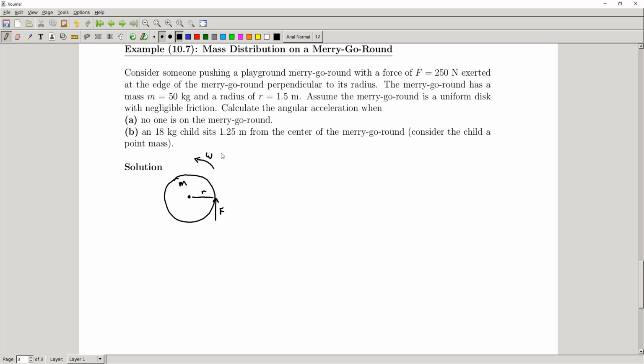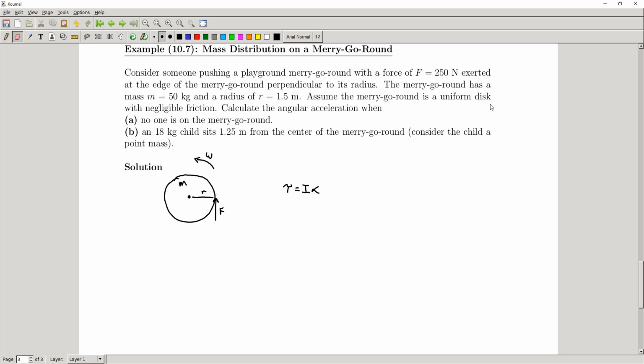So let's start off from our equation. We know that tau equals I alpha, and with nobody on this merry-go-round, the problem tells us we can approximate this as a uniform disk.